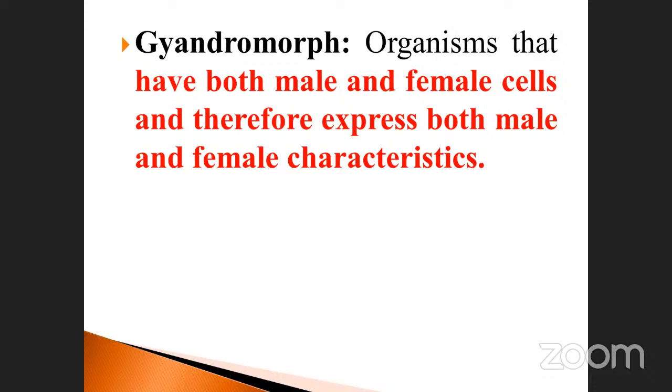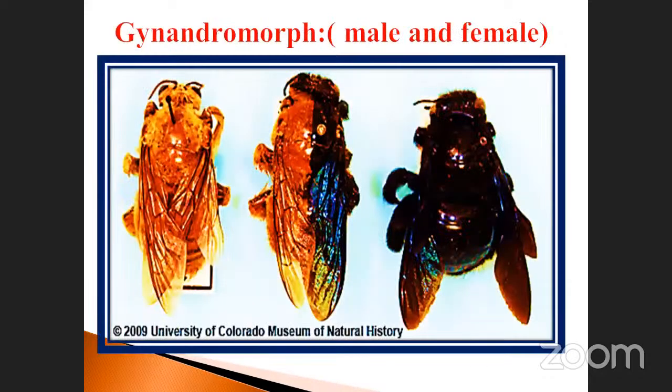So many animals have both male and female characters present in them. See the example, you can easily identify it. These are the male and female. In the example given, one part is only female, the remaining part only male.